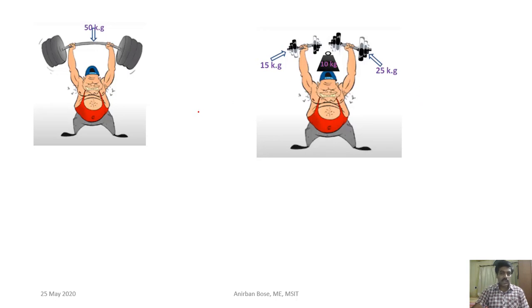Now you tell me, are these two cases the same, or do you think the stresses acting on the different parts of the body will be the same? Definitely your answer will be no, because here the load distribution is different from here, but the total weight is the same. The idea that the failure theories give is exactly similar.